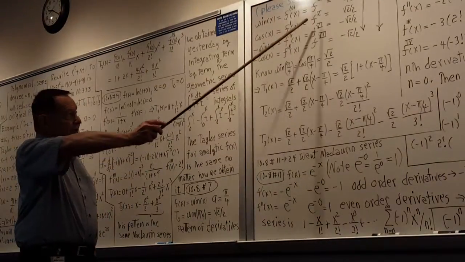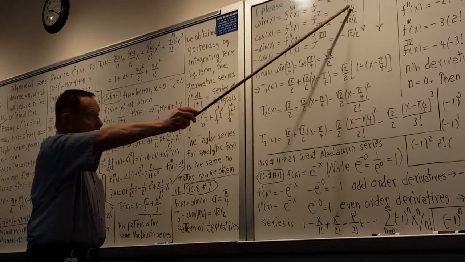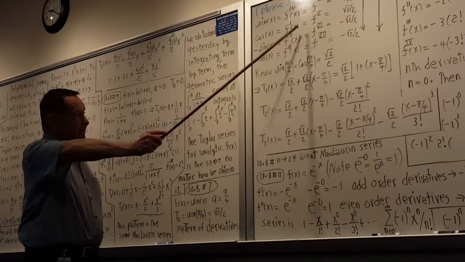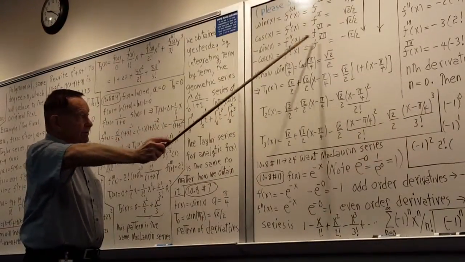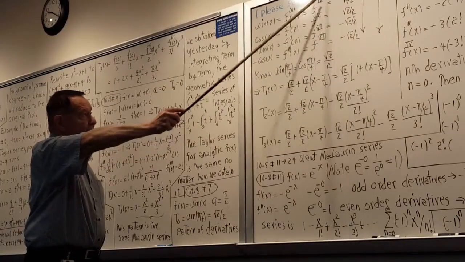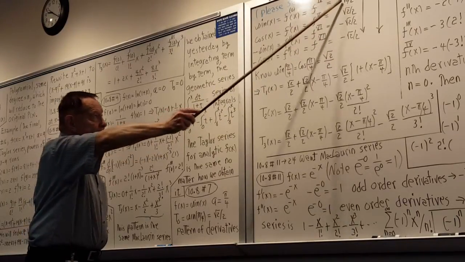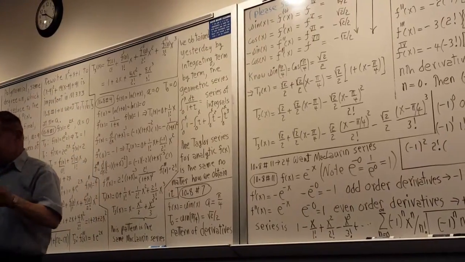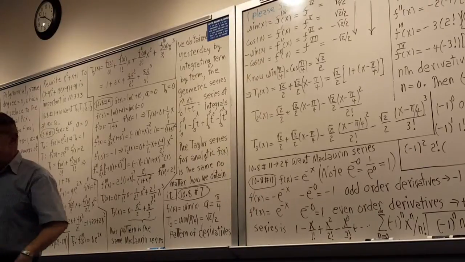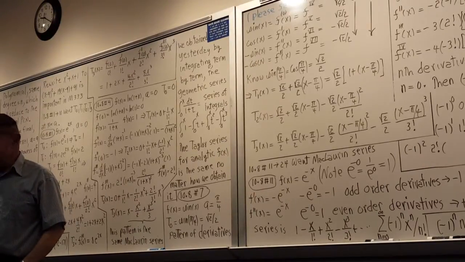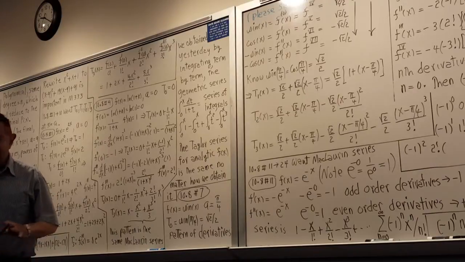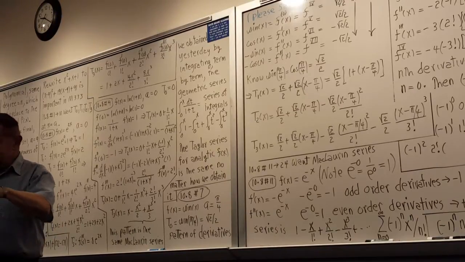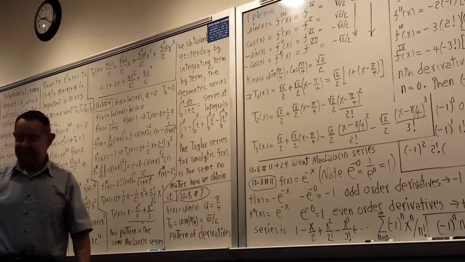And the first derivative is repeated in order 5, the second derivative in order 6, and the third derivative in order 7. So you add 4 up here, and you get another column. So there are 4 answers, plus and minus root 2 over 2, if you're at 45 degrees. That's a very special case. That's the only place where you're going to have the sine and cosine equal value at the same point.